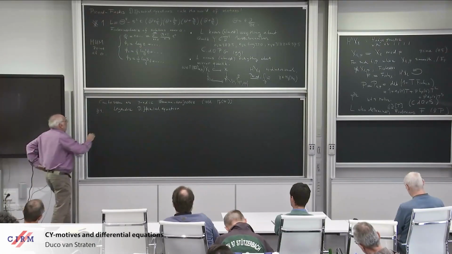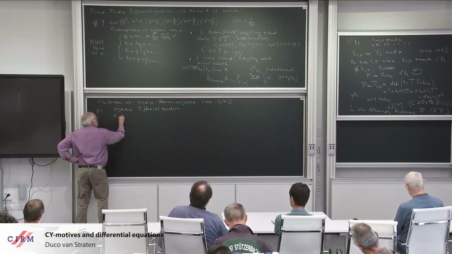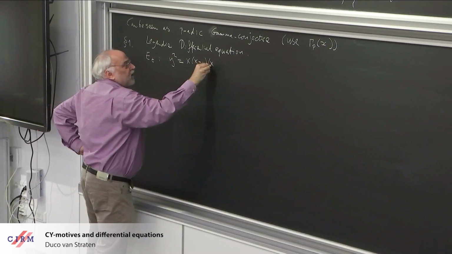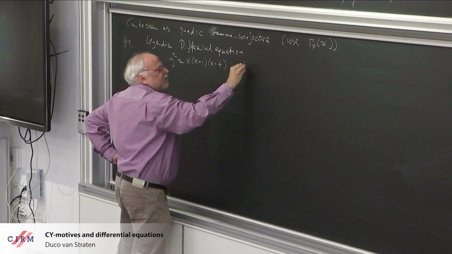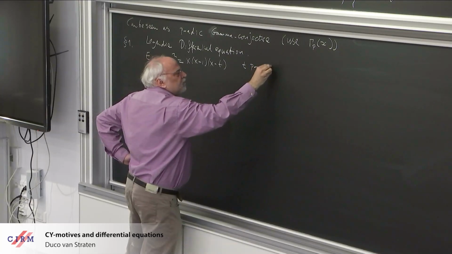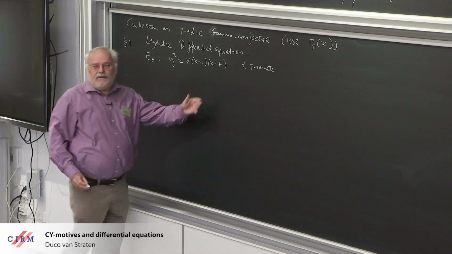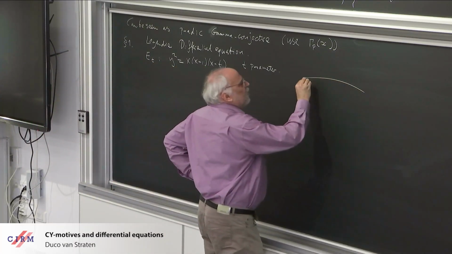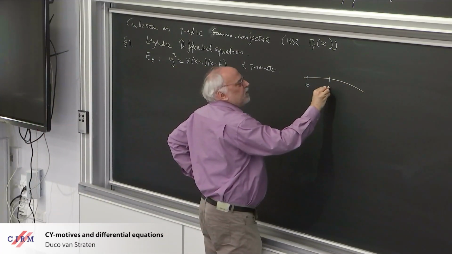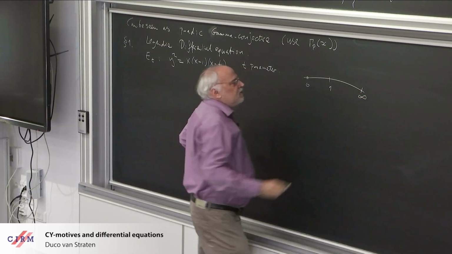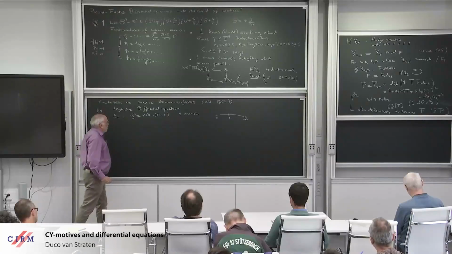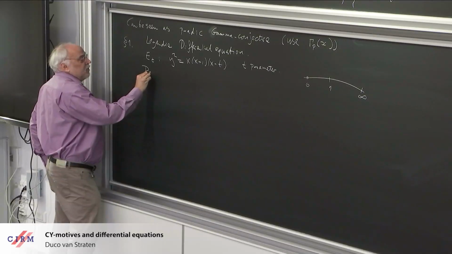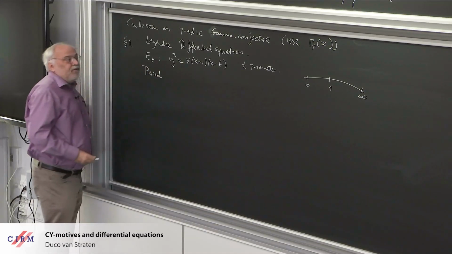We have a family of elliptic curves given by this equation, and t is a parameter running over P1, and there are singularities at 0, 1, and infinity. This will also give a hypergeometric family, a holomorphic period.